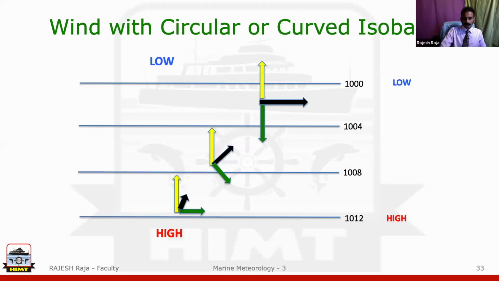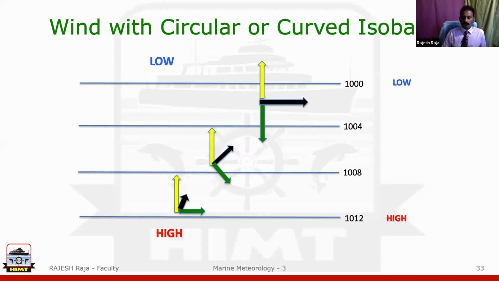Now I've shown you this picture again because I'm going to change the isobars to circular or curved isobars. That is more important for us. I told you this plain parallel isobars is a very rare phenomenon, and normally you will not see it on the surface. It might be high up above.